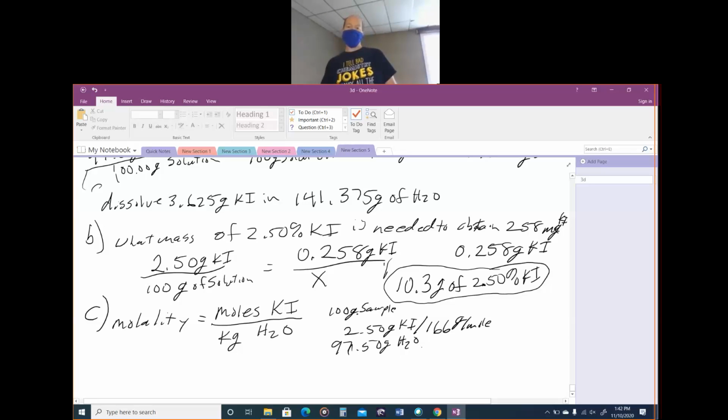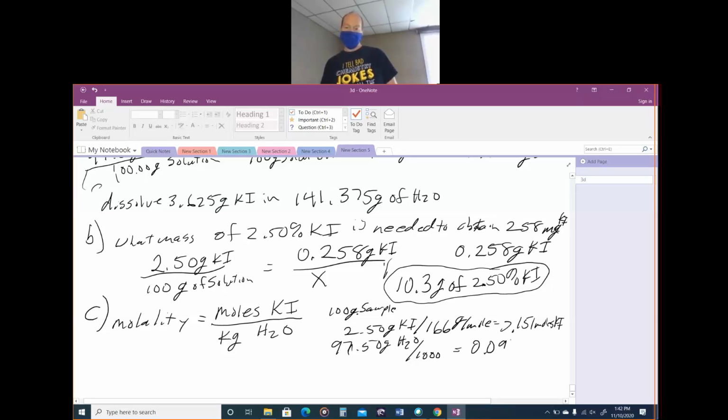And then water, we just have to convert that into kilograms by dividing by 1,000. So you take your mass divided by your molar mass, 2.50 divided by 166, to 3 sig figs you get 0.151 moles of KI. Kilograms, you don't have to push the buttons.